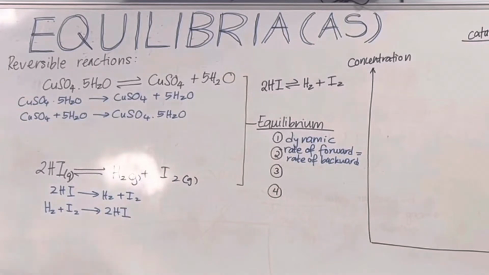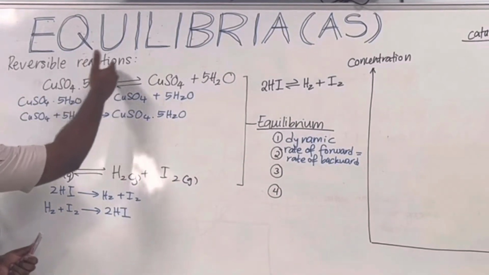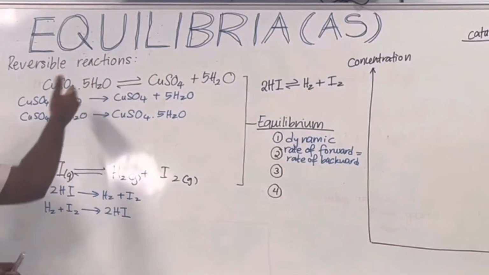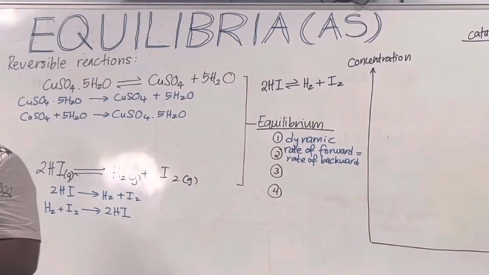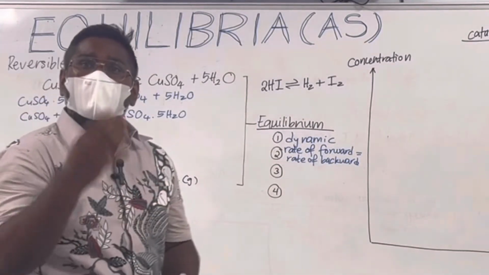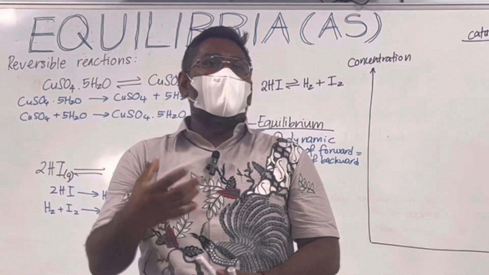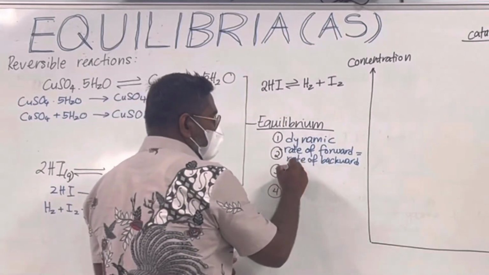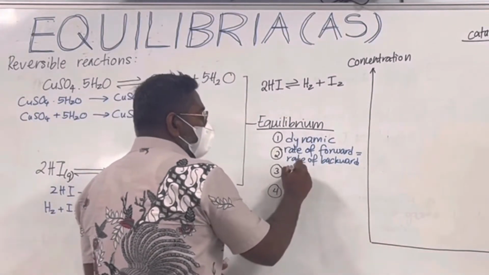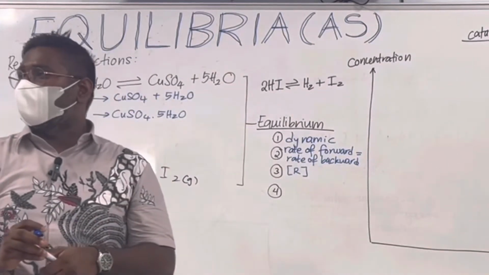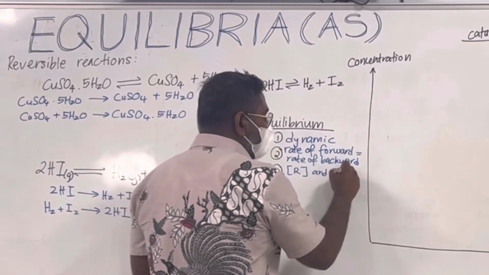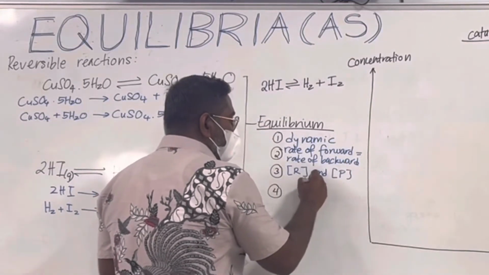It means the conversion of reactants into products and of products back into reactants happens at the same rate. When this is the same, what you will see is nothing. There is no visible change. And because of that, the concentration of the reactant and the concentration of the product are going to be constant.